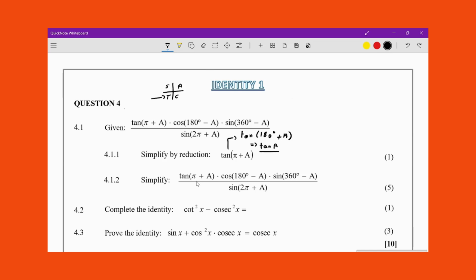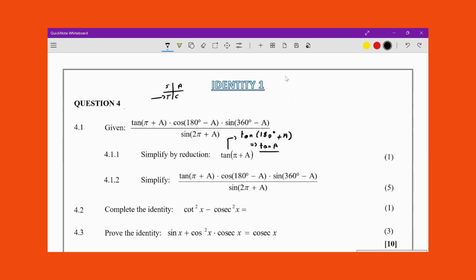It says simplify the tangent of pi plus a, cos of 180 minus a, the sine of 360 minus a, divided by the sine of 2 pi plus a. What I'm going to do is write it in degrees form. Everything that is written in pi radians, I will write as already converted.